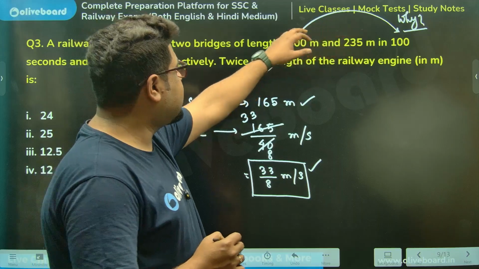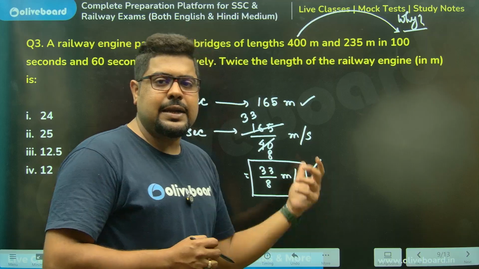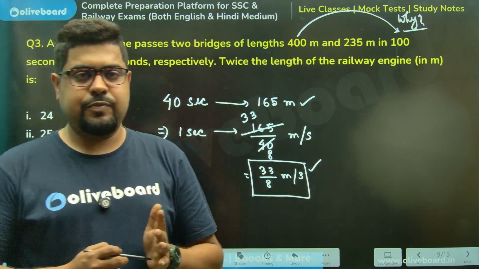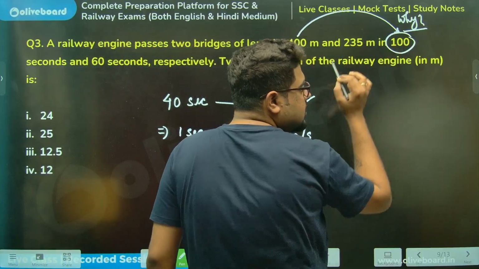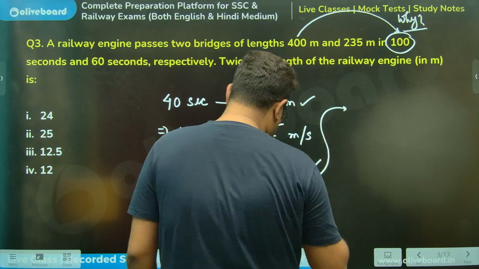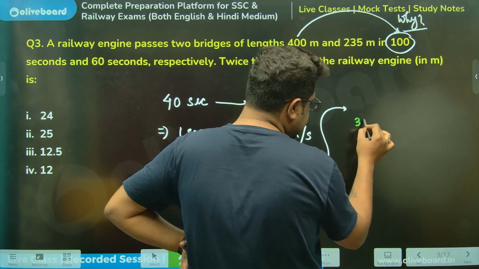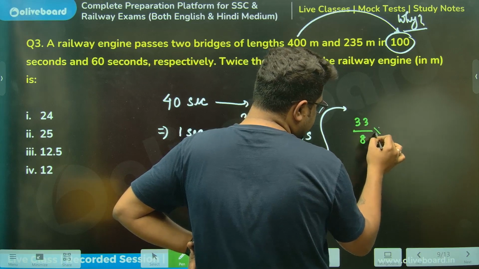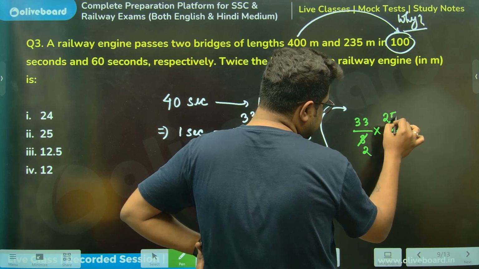Now, sir, I need twice this. First of all, put this value in the equation. If 33 by 8 meters per second is the speed, how much will it go in 100 seconds, sir? So in 100 seconds, the train will go 33 by 8 into 100. 4 twos, 4 25s.